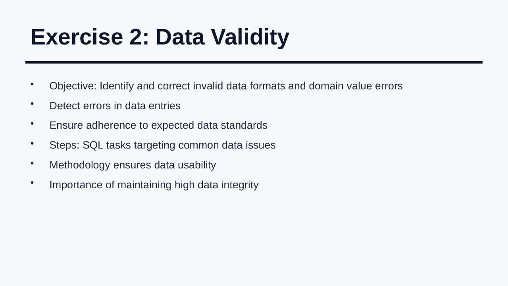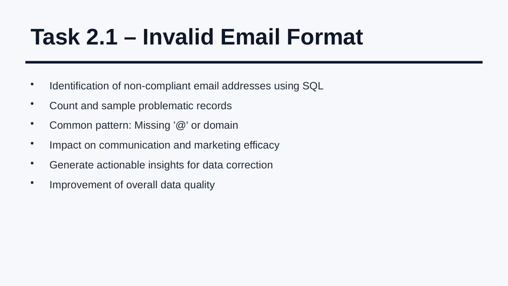This process helps maintain high data integrity, ensuring that the data we work with is accurate and usable for decision-making. It's an essential part of ETL testing because without clean, valid data, the entire data warehouse can be compromised. Next, we'll move on to the hands-on lab exercises to apply these concepts in practice.